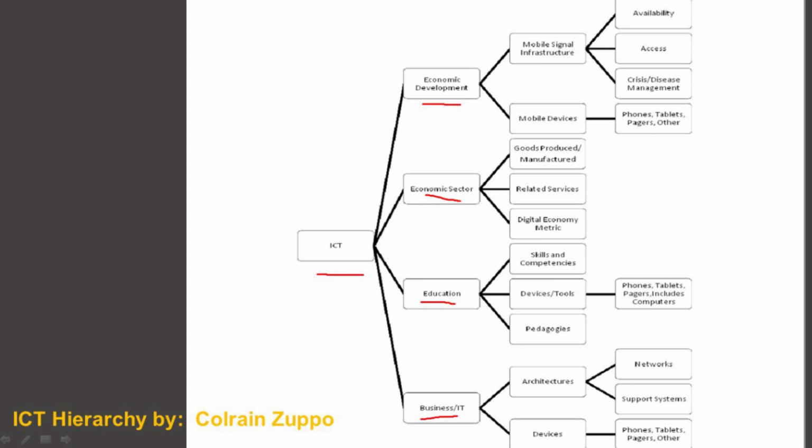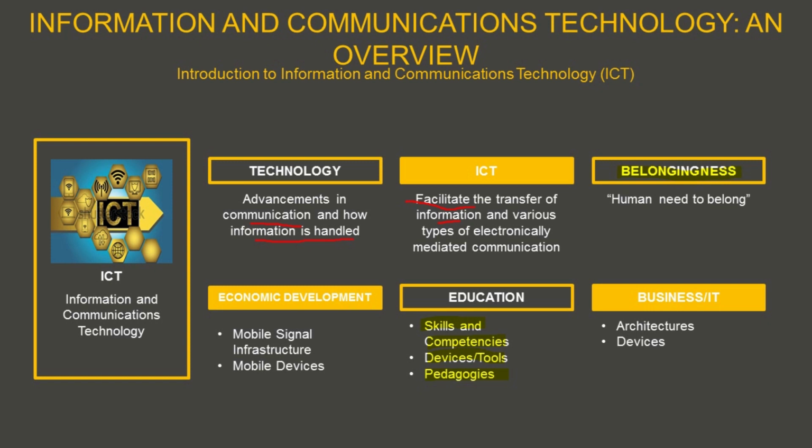In every aspect of ICT, they have these subsets. Okay, let's go back to the previous slide. In economic development, we have the mobile signal infrastructure. It means the coverage for this is the mobile signal infrastructure, the mobile devices, and of course, education.